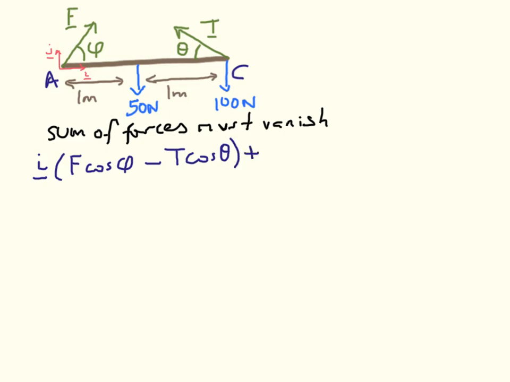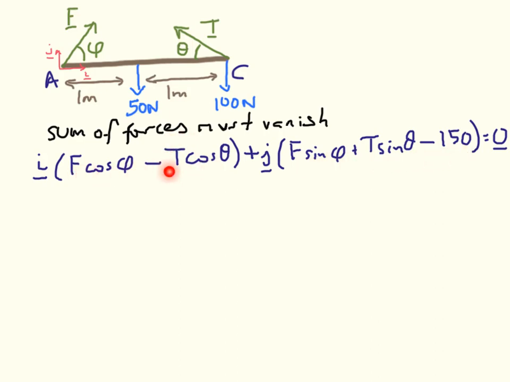Then in the vertical direction j, upwards, F sine phi plus T sine theta, and then we subtract this force and this force because they're both acting straight downwards, so that's 50 newtons and 100 newtons, so it's minus 150 newtons, and that's going to have to vanish. It's a vector, so I mean that both components are going to vanish. So we have two equations for the two unknowns.